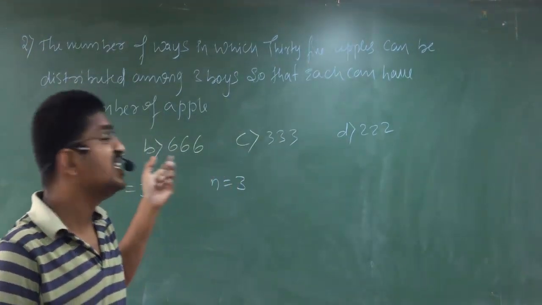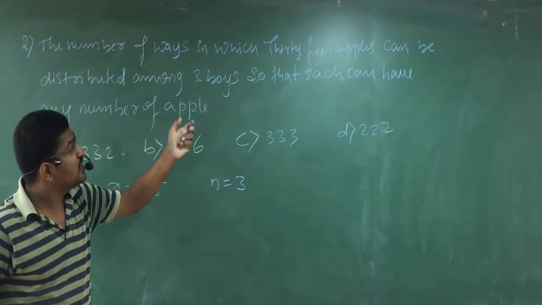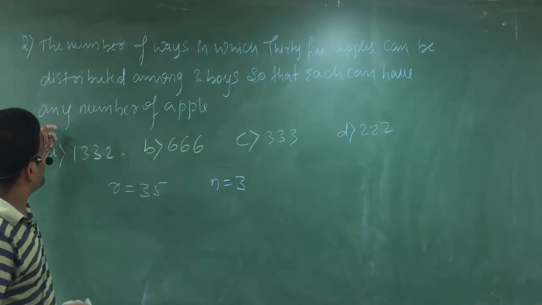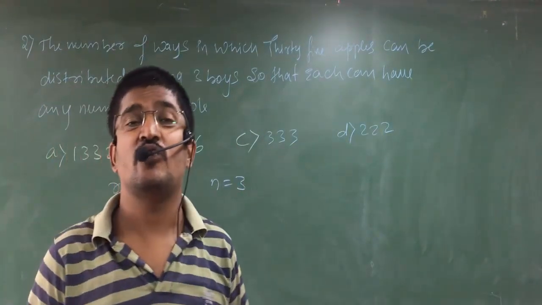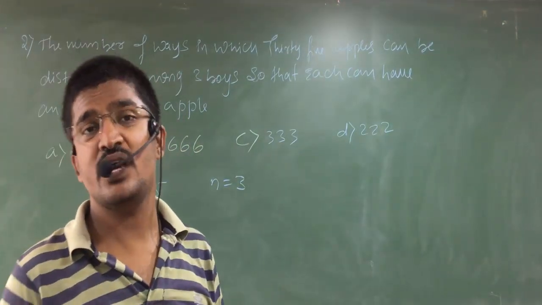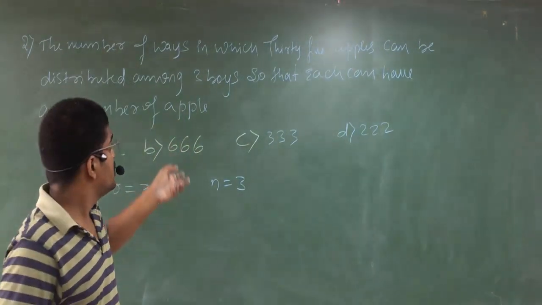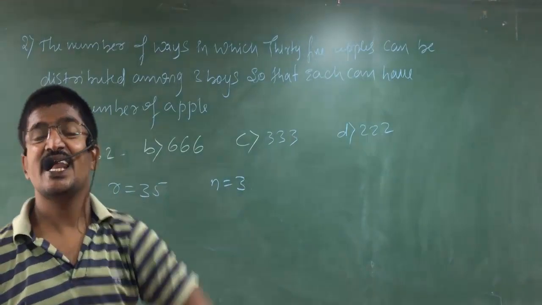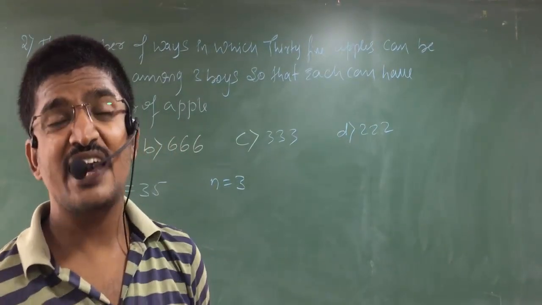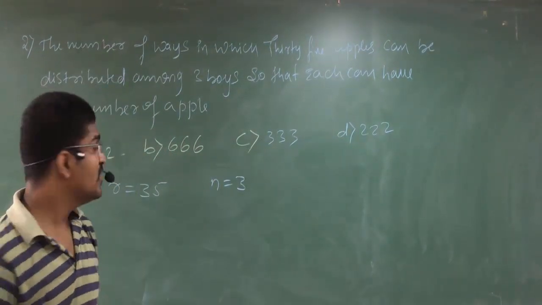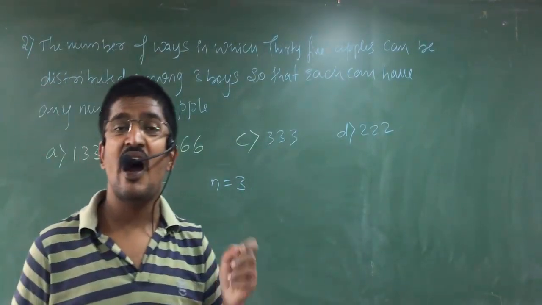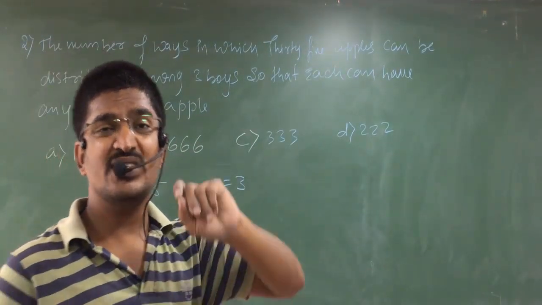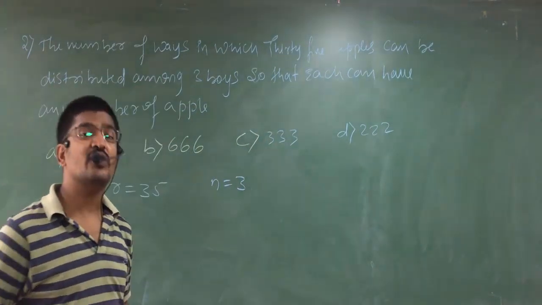Here they are only telling that each can have any number of apples. That means r can be distributed any number of times, that we have understood. Here in the problem, they are only telling for more clarification that r will be apples, because that can be repeated any number of times.